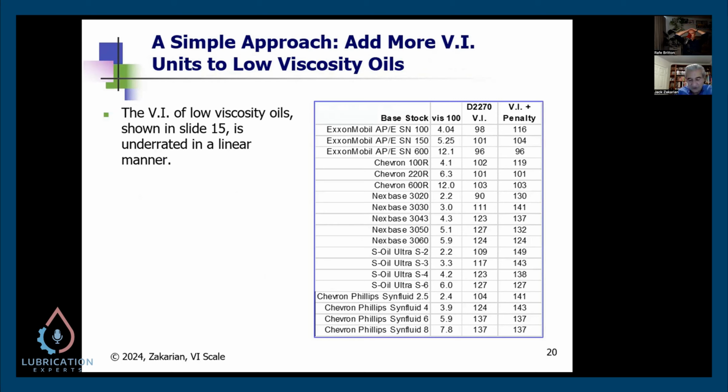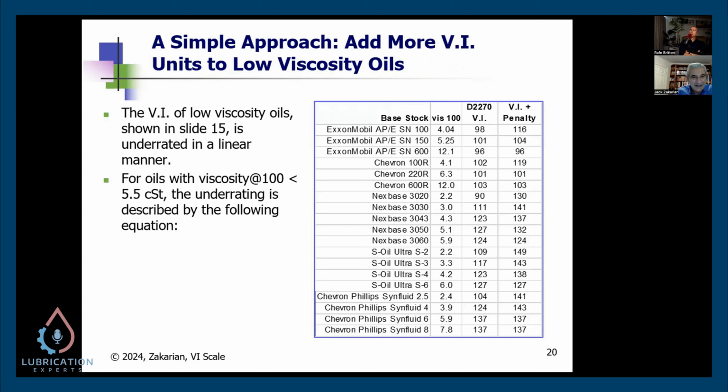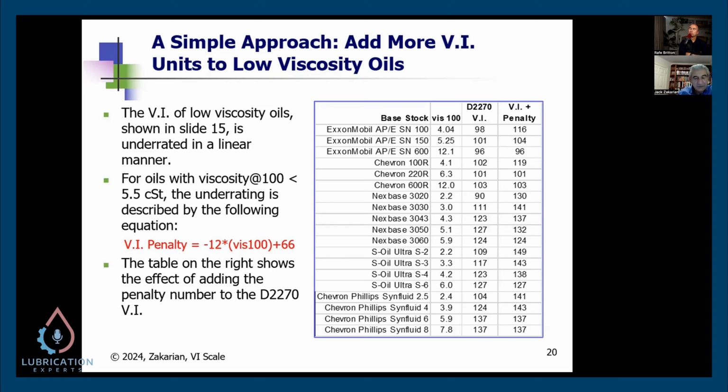And so you could actually just use that slide and say, okay, if the oil is less than 5.5 centistokes at 100, we can describe what I call the VI penalty by a very simple equation. You take minus 12 times the vis at 100 plus 66, and that describes that line where ASTM VI underrates the actual Fensky 100 VI. And so on the table on the right, I'm showing what happens if you just did this simple calculation here.